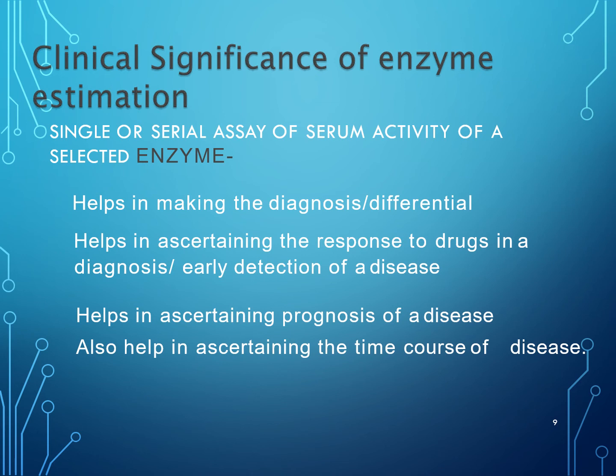Sometimes the response to a drug can be measured by measuring enzyme levels, and enzyme measurement may also help us detect the disease at a very early stage. It also helps in ascertaining the prognosis and the time course of the disease, and we can know the stage of the disease by measuring the enzyme activity.